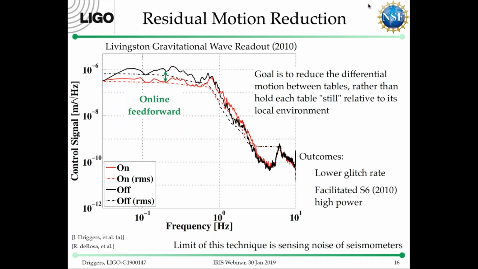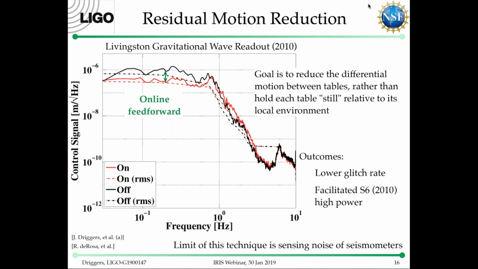And here I'm using feed forward of the seismic signal, the difference between the beam splitter area and the end mirrors. And I'm using the difference in that ground motion to feed forward online to reduce the difference in mirror motion between the beam splitter and the end mirrors.